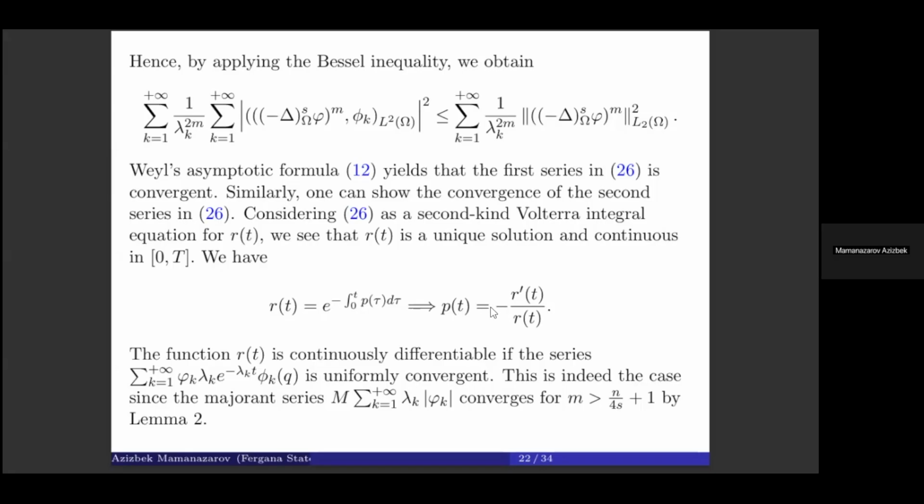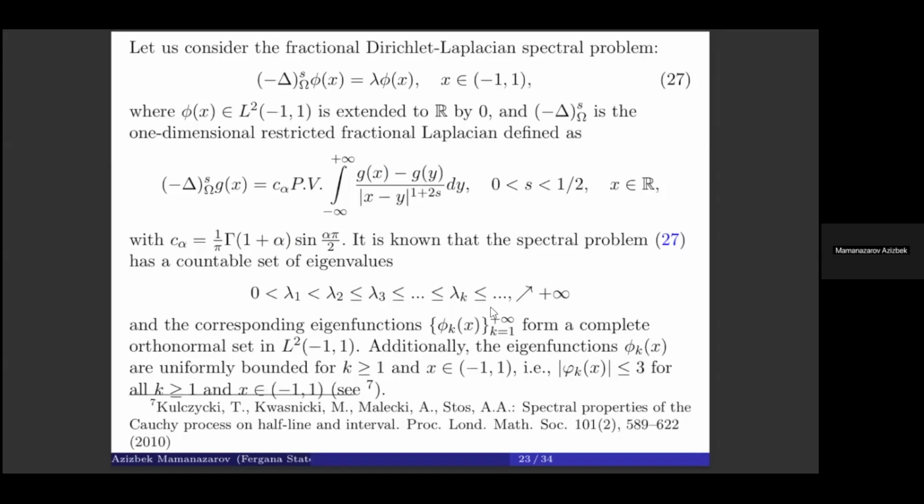And we have some assumptions, so we decided to provide some examples which satisfy all of the assumptions of our main theorem. For this aim, we consider the following one-dimensional spectral problem, and here s is between 0 and 1/2.